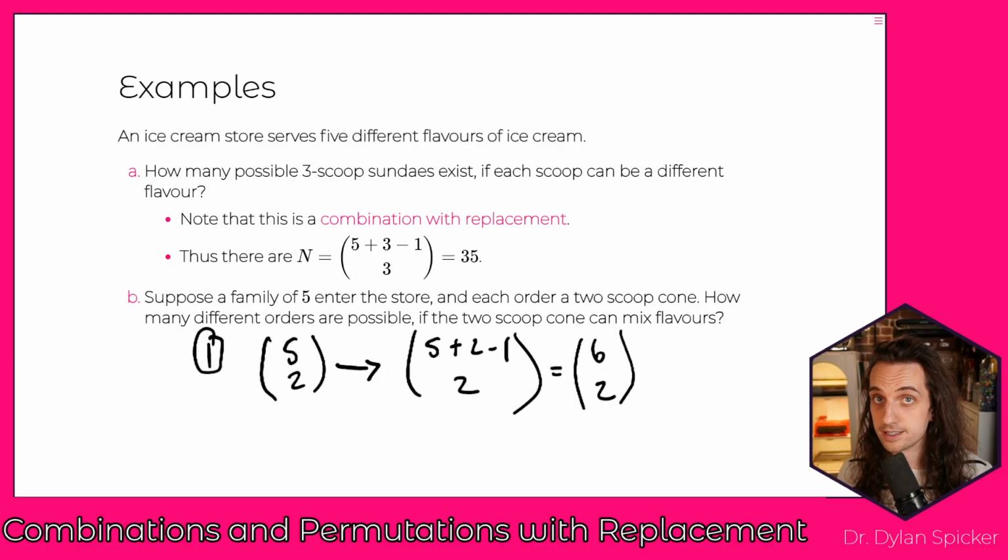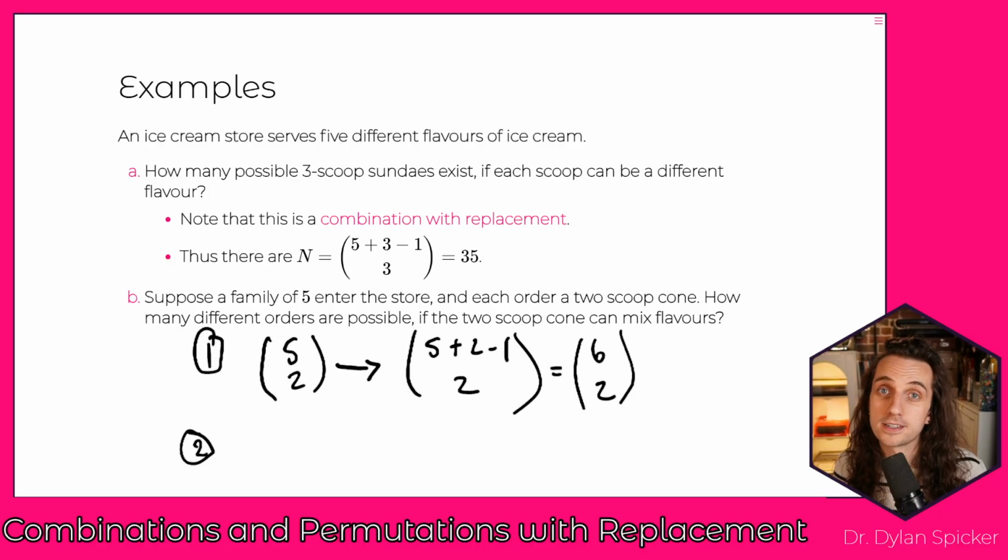Now, once we know that there are 6 choose 2, then we have our family of 5 coming in. And of course, if person A orders the same order as person B, and then person C orders something different, right? That's different than if person A had ordered something different and B and C had ordered the same thing, right? The individual's orders actually matter. And so for the second step here, we're actually dealing with a permutation with replacement.